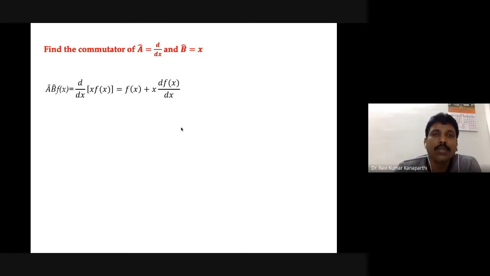I just want to know whether they commute with each other or not. If they commute, I should get 0. When AB f of x is equal to BA f of x, then these commute with each other, otherwise not, right? Based on the commutator, I want to comment upon their commutation. Now let us calculate AB f of x first.